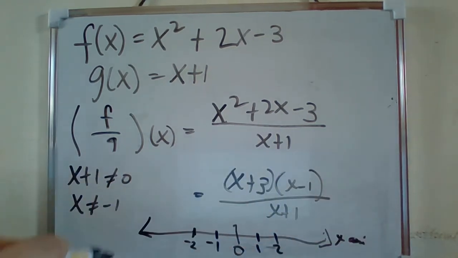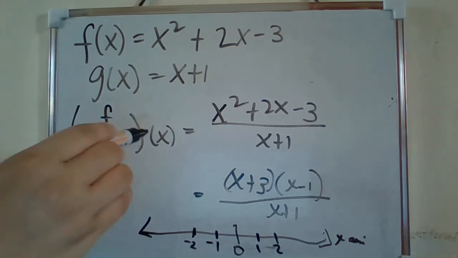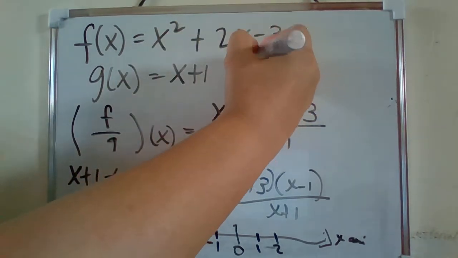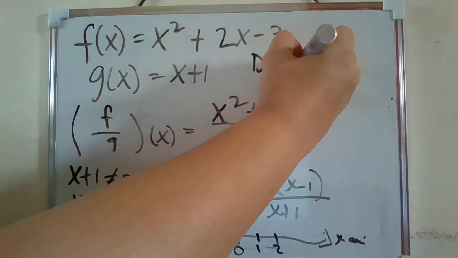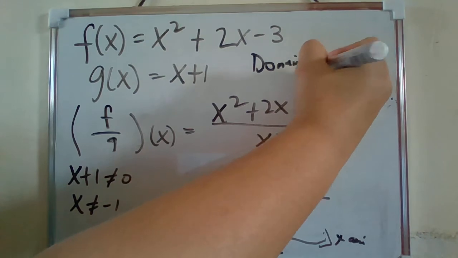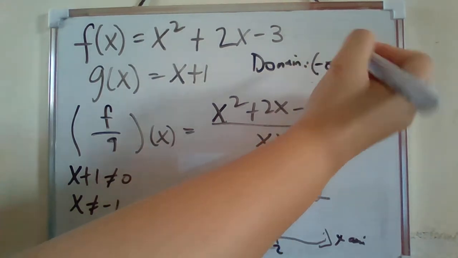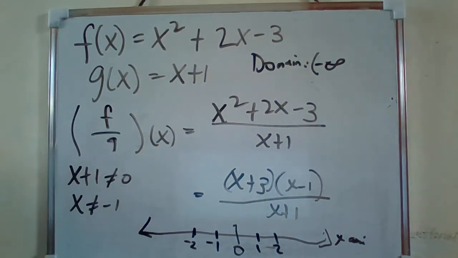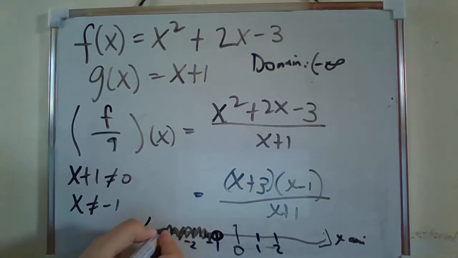So, kung gagalaw ka, so anything, so even negative. So, ang magiging domain natin for this quotient would be negative infinity except itong si negative 1. So, lahat ng to, except negative 1.